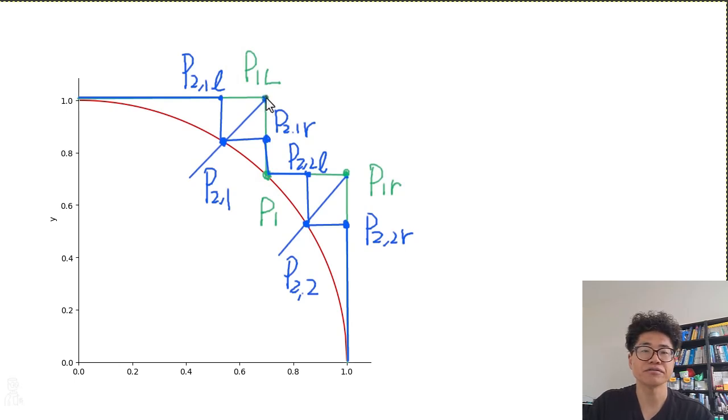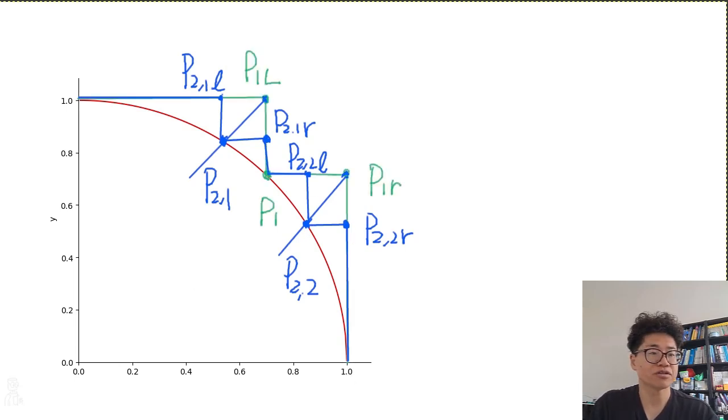From P1L, there's a diagonal line, making a small square and horizontal line and vertical line. And here, intersection point P21, there's a R and L. From P1R, draw a diagonal line and intersection point I call P22, and there is a L and R. And this is the second approximation.